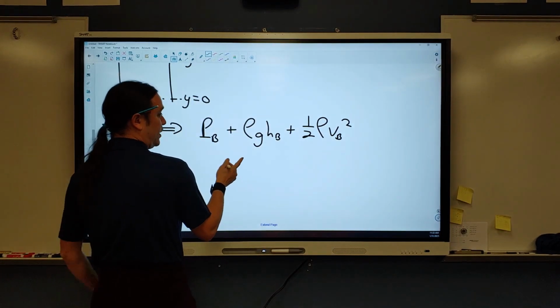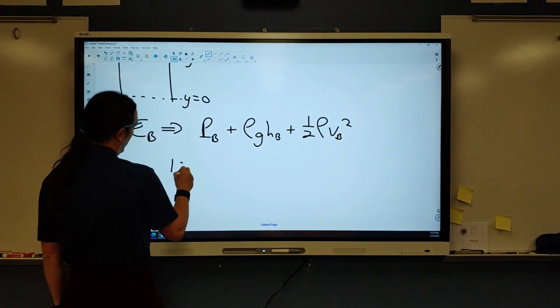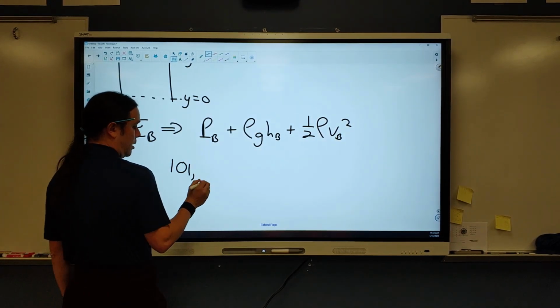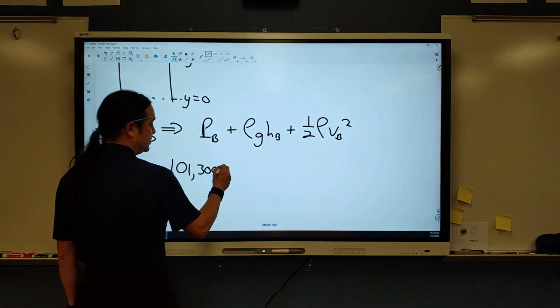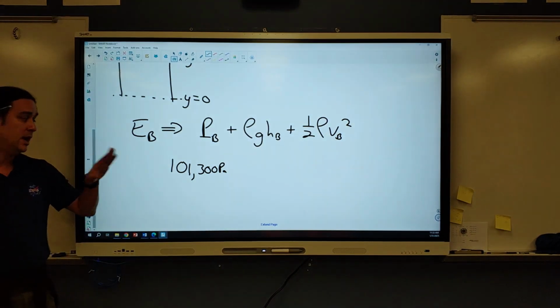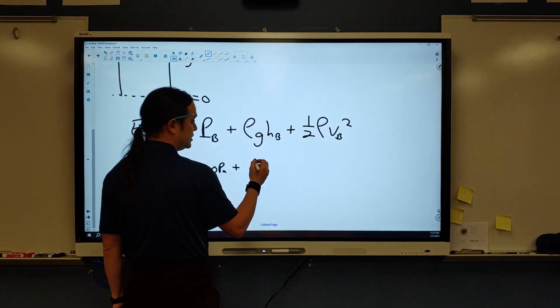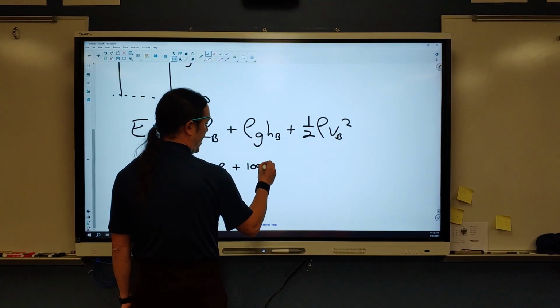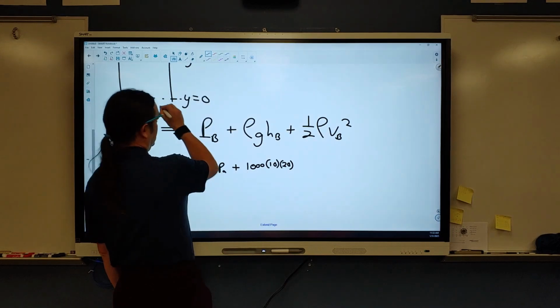So now that we've got some of our numbers, we can start filling things in. My ambient pressure. Well, unless we pressurize the apartments, which would be bad, the tap opens to air any way you look at it. So my ambient pressure at point B is still going to be 101,300 pascals, plus rho g h, well that's 1,000 times 10 times 20, because that's still measured.